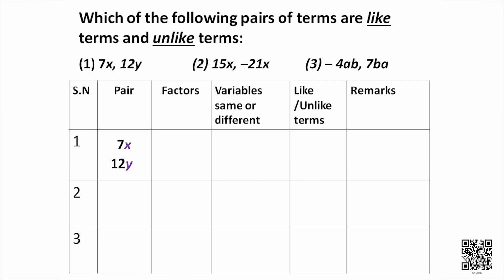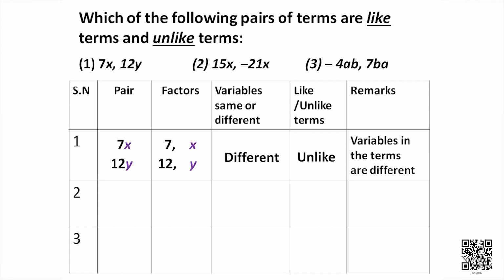If I write its factors, it will be 7 and x, and the factors of 12y, 12 and y. Now look at the variables in the column of variables. Are the variables the same or different? They are different. So, when the variables in the terms are different, we say they are unlike.